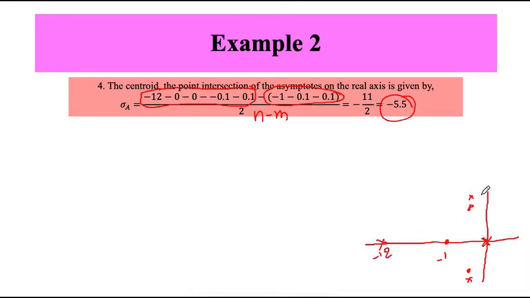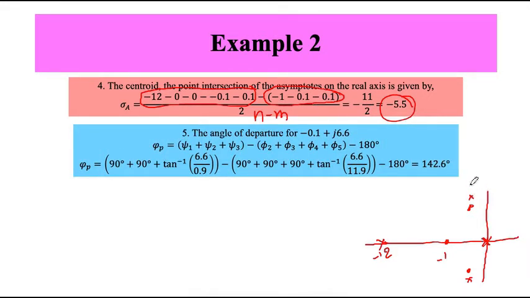So I am calculating the angle of departure for, say, minus 0.1 plus j6.6. The others are 0.1 plus j6, minus 0.1 minus j6, and minus 0.1 minus j6.6.